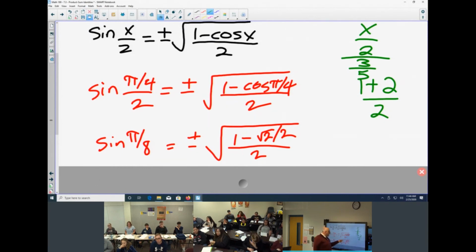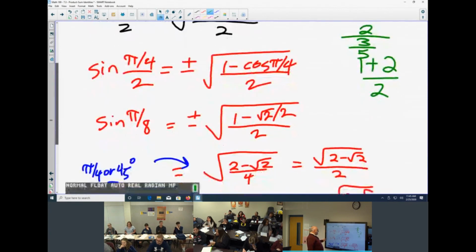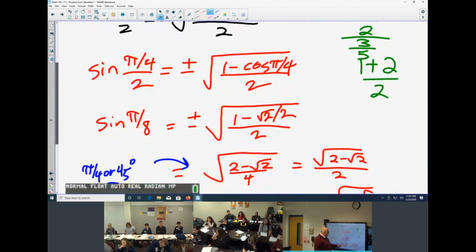So if I multiply both numerator and denominator by 2, I'll get rid of that 2 right there. So when I multiply by 2, then I'll get 2 minus just radical 2 over 2 times 2 is 4. Well, so now this radical 4 will actually come out to just be 2.